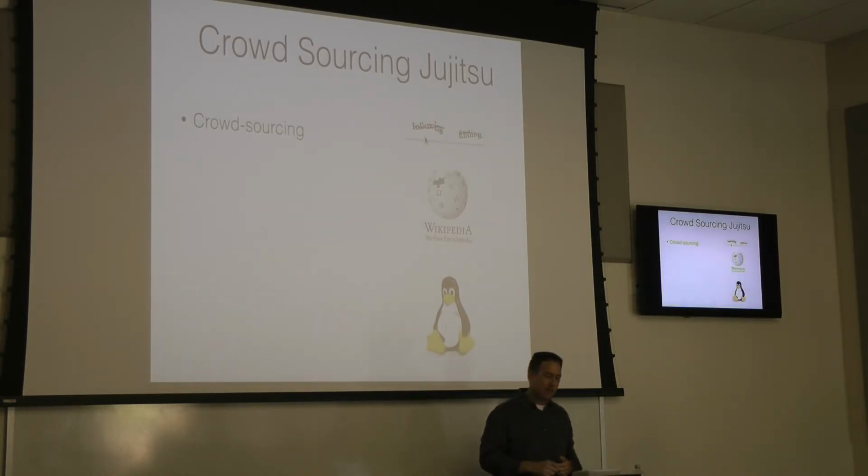What Louis von Ahn came up with is a system where, in order to get to the next stage of a website, you've got to prove you're not a robot by translating two words. One of the words is a control where the computer knows the answer already. And if you're correct on the control, and enough people agree on the unknown one, then they would count that as a translation of that word.